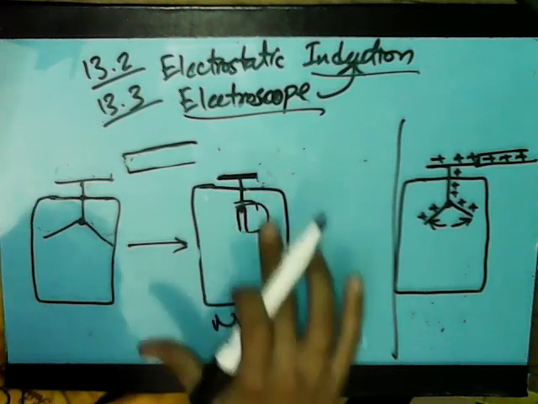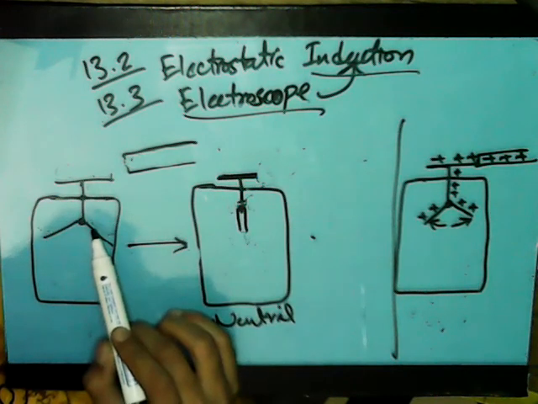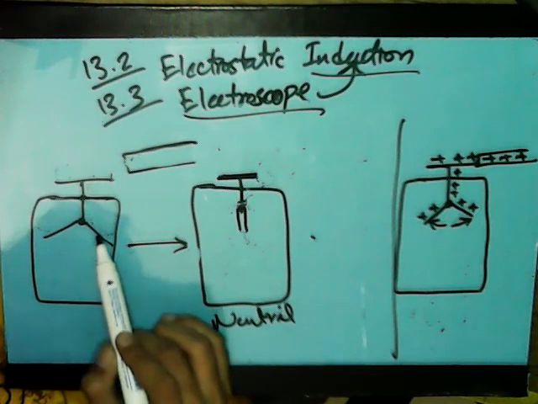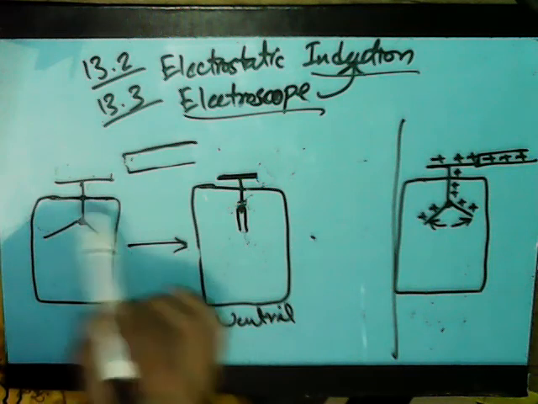How do you know an electroscope is charged? Because these flaps are opened up. When they're opened up, that means the electroscope is charged.